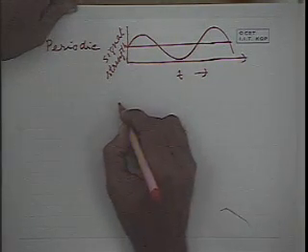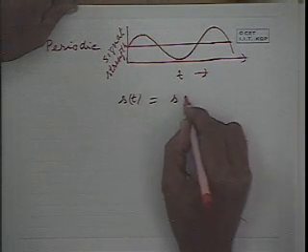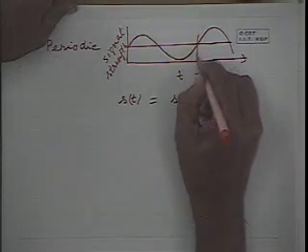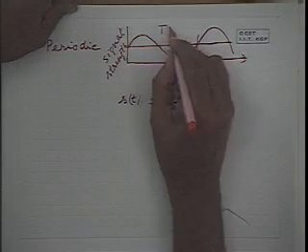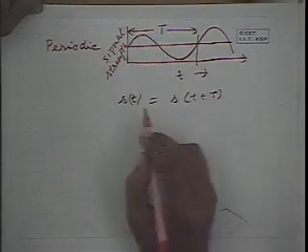In other words, in this case s(t) is equal to s(t plus capital T), where this capital T is the time period. This is the time period of the signal.